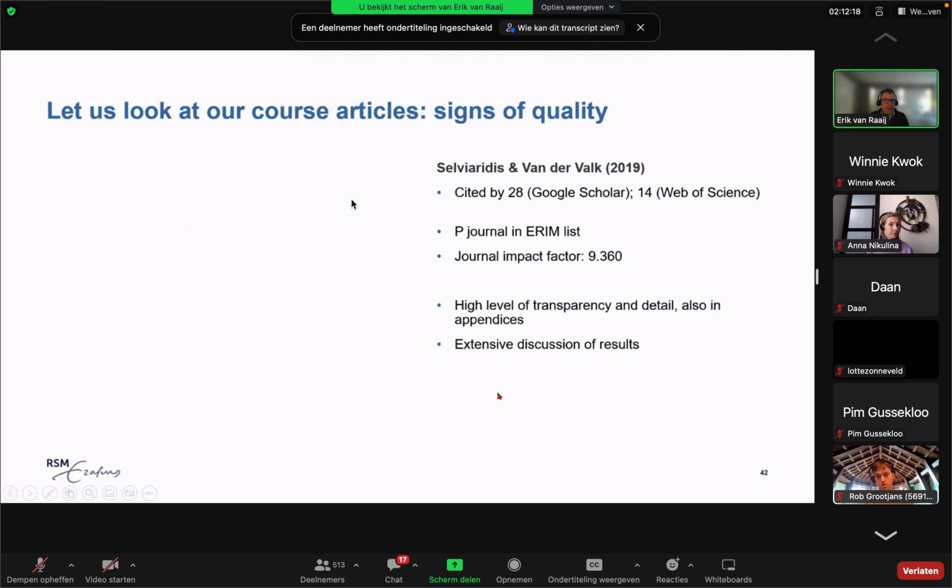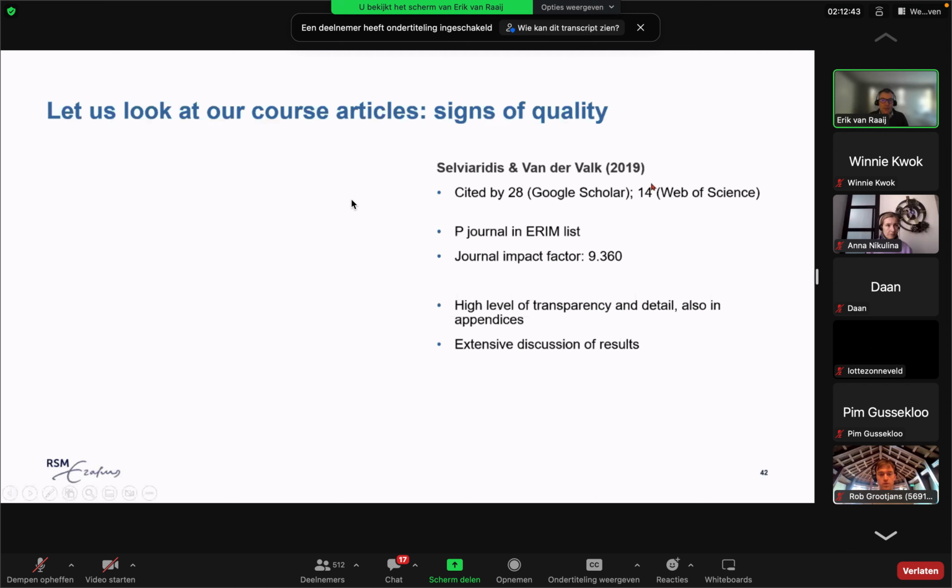So if you then apply some of that to our articles, we see Salviaridis and Van der Valk cited 28 times in Google Scholar, 14 times in Web of Science. This number is lower because Web of Science counts how often it has been cited in Web of Science, and Web of Science only looks at the vetted set of journals, while Google Scholar looks everywhere.